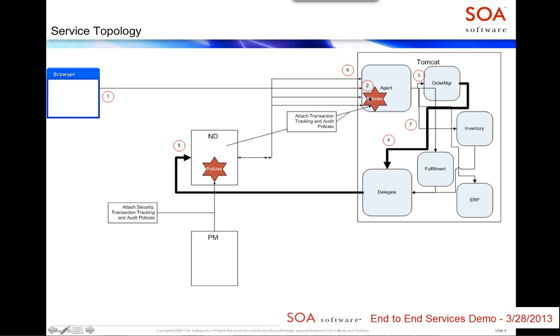So we'll see the calls logged out of the network director and of course logged in the agent. So you'll see two logging aspects happening, and you'll see the tracking of all this moving forward inside the monitoring. Now, all that happens, like I said before, because there's been no code inserted in any of these. So we get security out of the box, and we get monitoring out of the box.